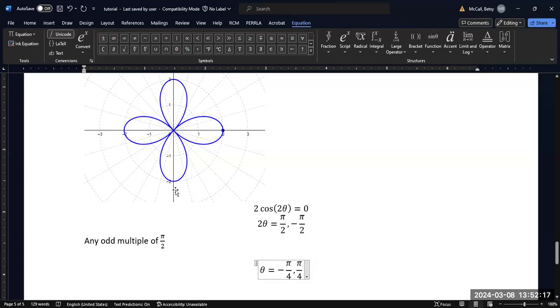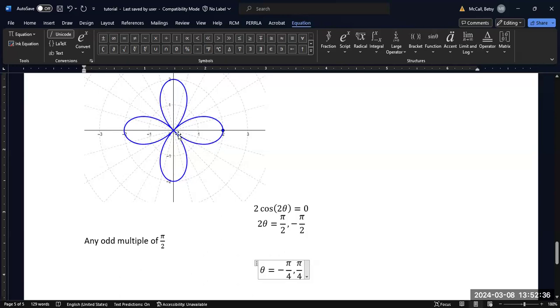So if you're going around this curve, you can come out here at negative pi over 4, you go around the curve, and then you close out that petal at positive pi over 4. So if you integrate between these, that's one consecutive string of values.